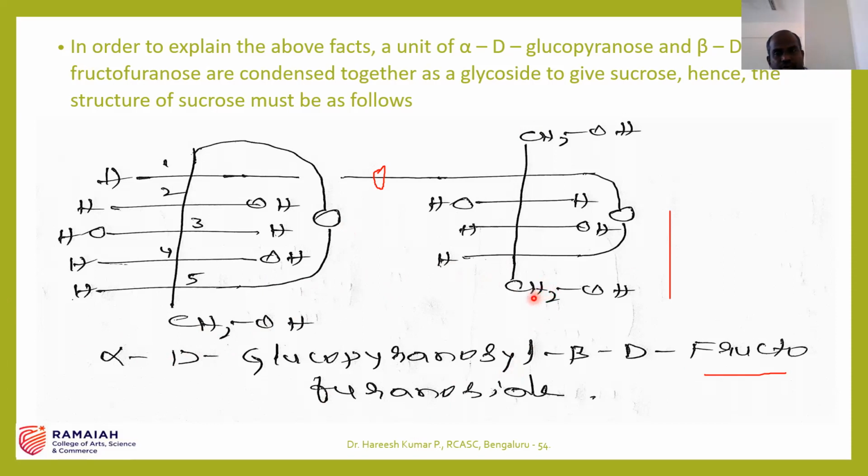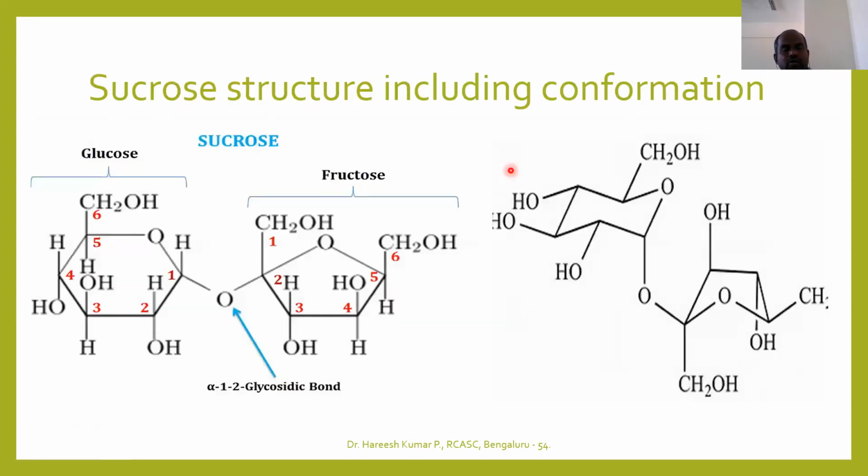So with this, I will go to the next slide. By all this experimental data, we can conclude the sucrose structure. In this sucrose structure, this one is called alpha-D-glucopyranose, and this one is called beta-D-fructofuranose. The linkage between the two units is an alpha-1,2 glycosidic linkage.